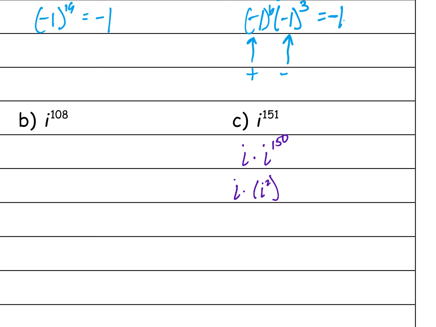How many groups of 2 i's do I have in 150? 75. Beautiful. And so i squared is -1, yes? So -1 to the 75th power is going to be a -1. So that's going to be a -i.